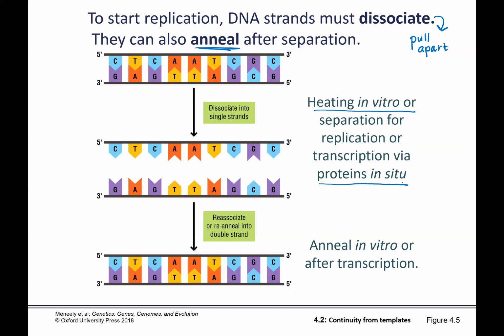So there's a couple of new terms here. In vitro means in a test tube. It means experimentally. And in situ means in real life, like what actually happens in the real process. So in a lab, we're going to use heat. And in a cell, we're going to use enzymes or protein molecules.